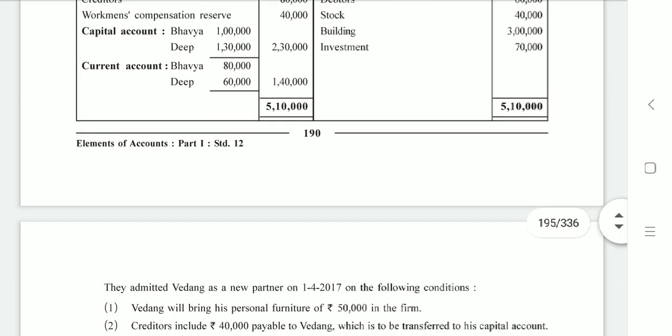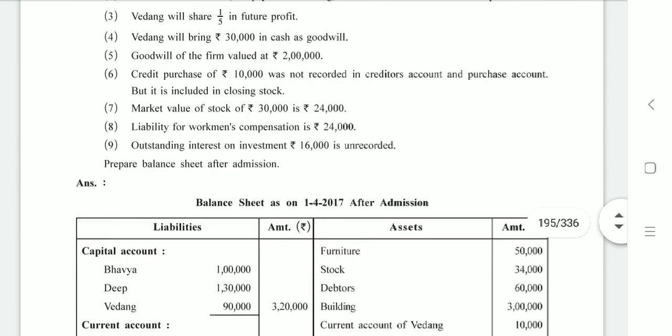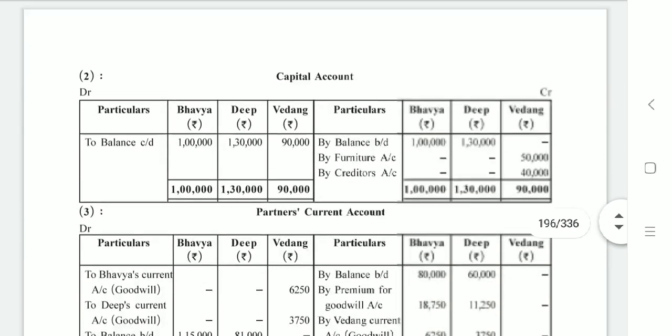Whenever you are preparing current accounts, all the effects are to be given in current accounts except for the balance of capital and the adjustments related to capital account. Every other effect is to be given in partner's current account. Alright?